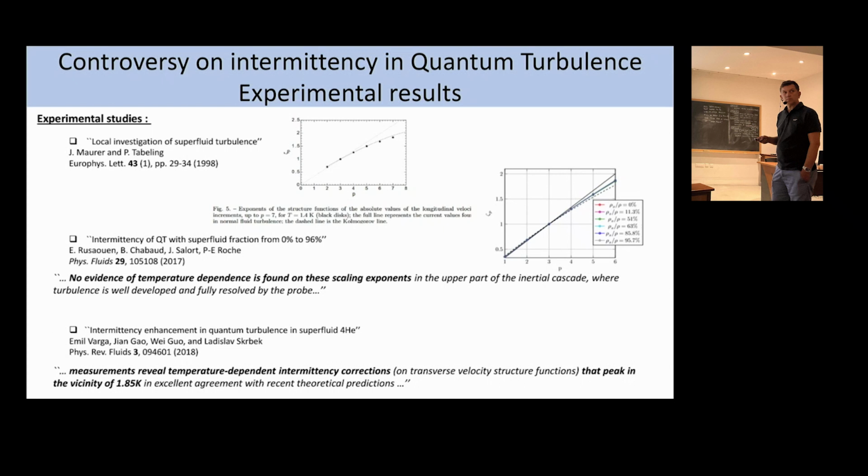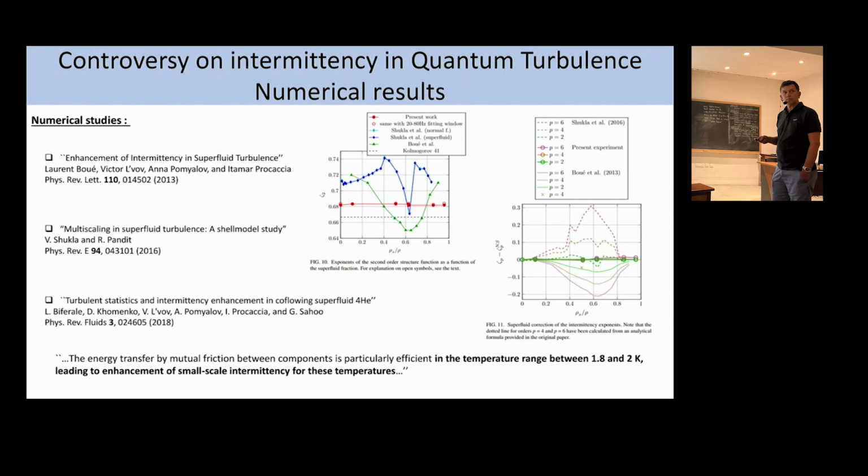So that's from experimental studies, and numerical studies fuel this confusion by adding results where they find, I would say, strong dependence of intermittency on the temperature, but with results in contradiction with each other.